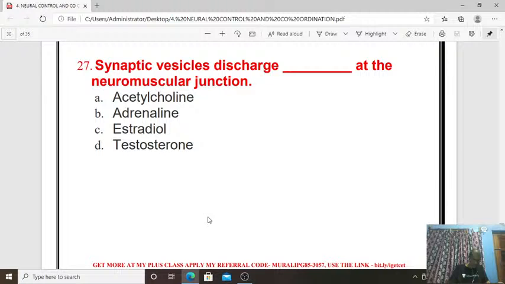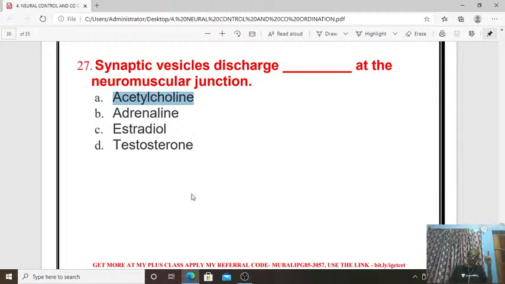Next, question number 27. Synaptic vesicles discharge dash at the neuromuscular junction. So here I am saying about the neurotransmitters. Which is the neurotransmitter in the given 4 options? It is A, acetylcholine.